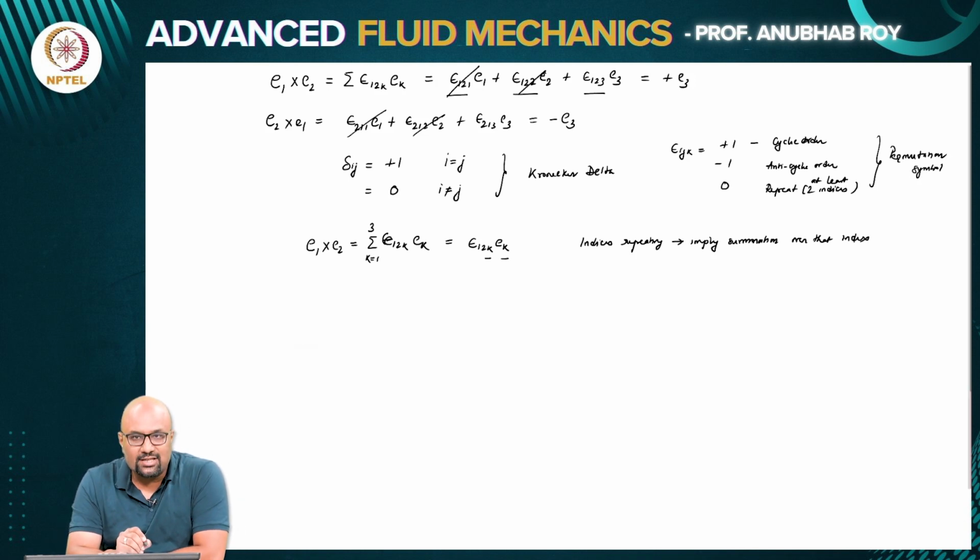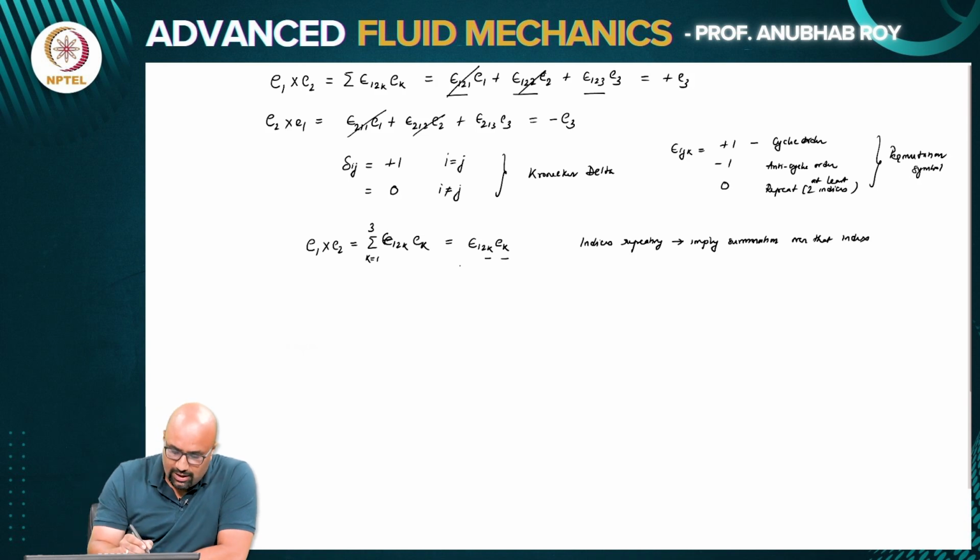So, I am not going to explicitly write out the summation sign every time. Whenever you see an index present twice, that implies that we are going to do a summation. So, let's do a few of the standard vector relations that you are aware of.